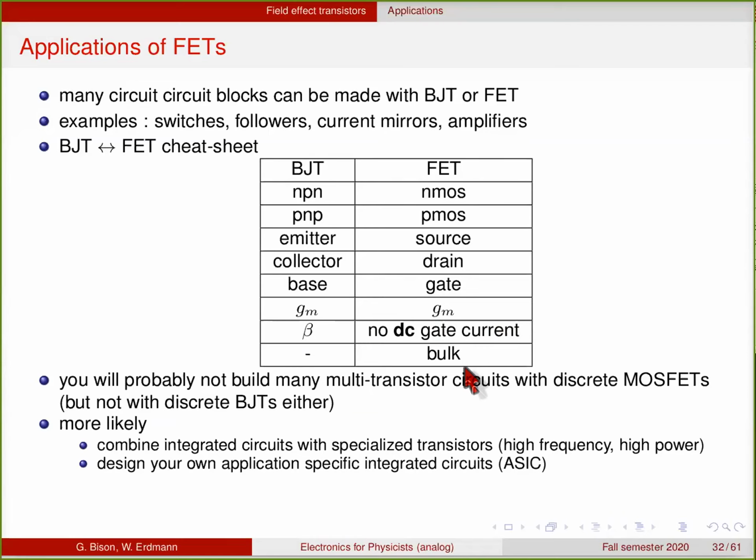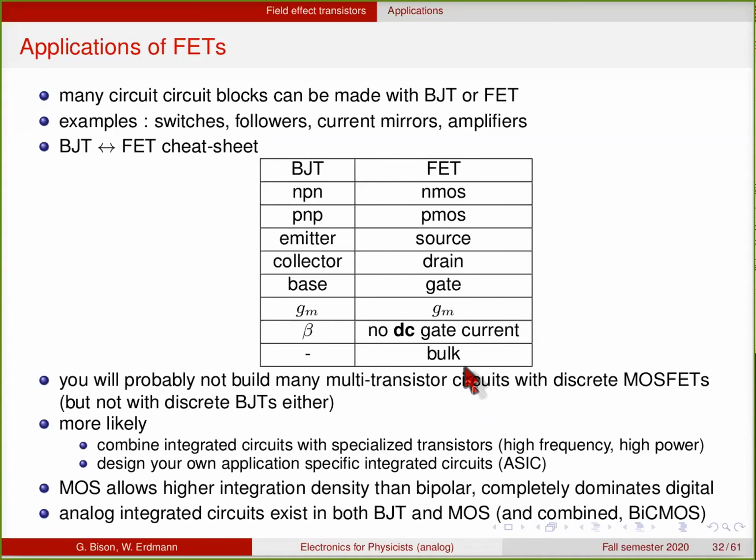Or, if you design your own application-specific integrated circuits, the ASICs, which is not as crazy as it might sound, you will use many transistors. And field effect transistors allow much higher integration density than bipolar. That's why they completely dominate the digital market. Analog integrated circuits, on the other hand, exist both in bipolar and field effect, and also in combined processes where you have both field effect and bipolar transistors in the same chip, so-called BiCMOS chips.